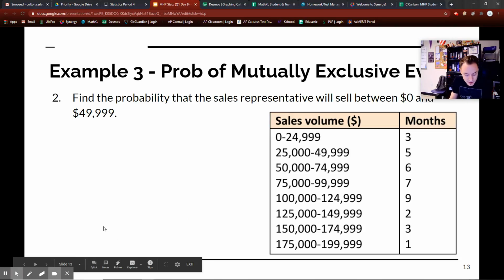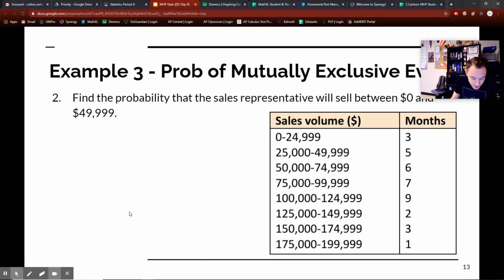Find the probability that the sales representative will sell between 0 and 49. So now what I'm doing is going from $0 all the way to 49,000. So this part right here. So I pretty much know what to do. The probability of A or B equals, well, this is totally separate and that's totally separate.